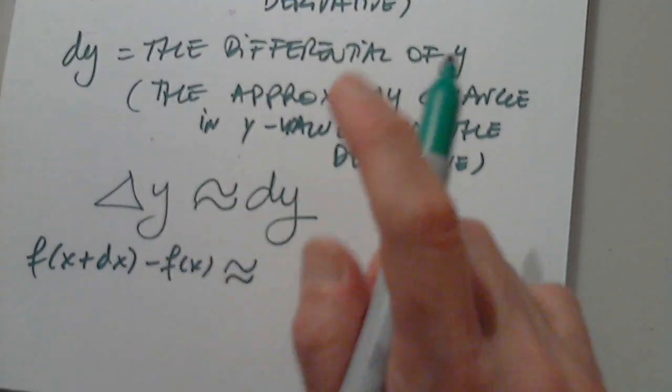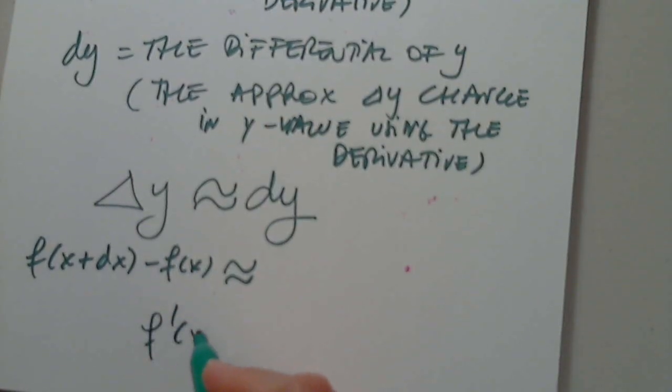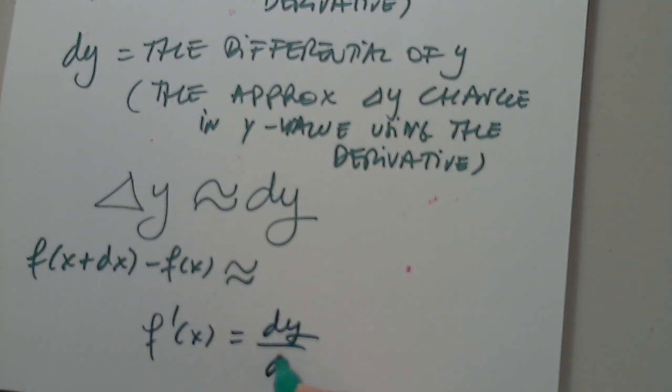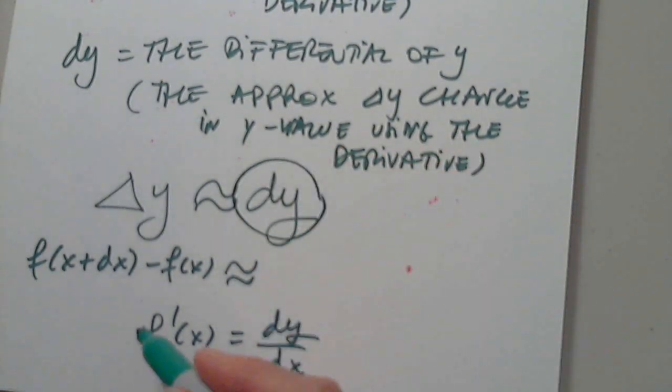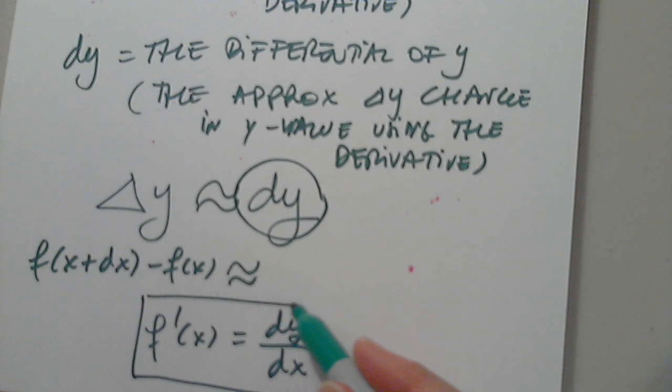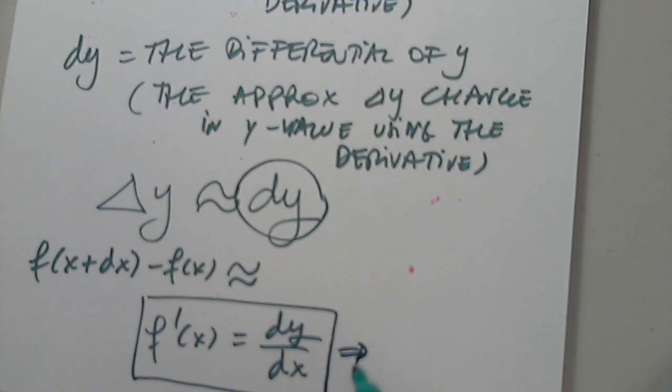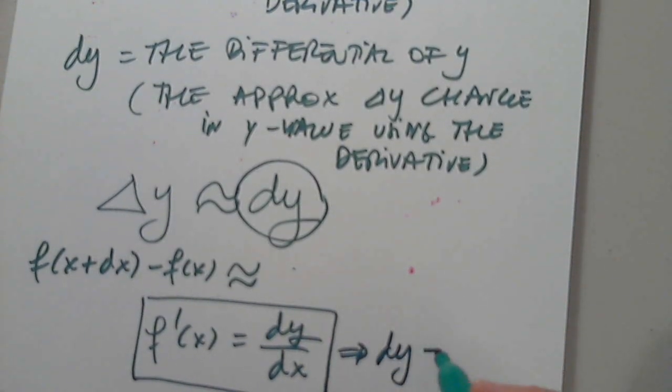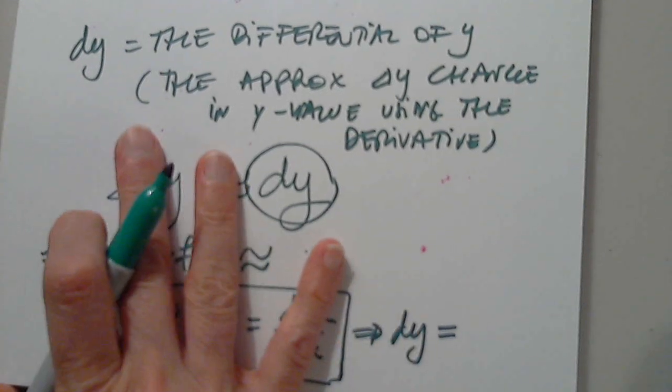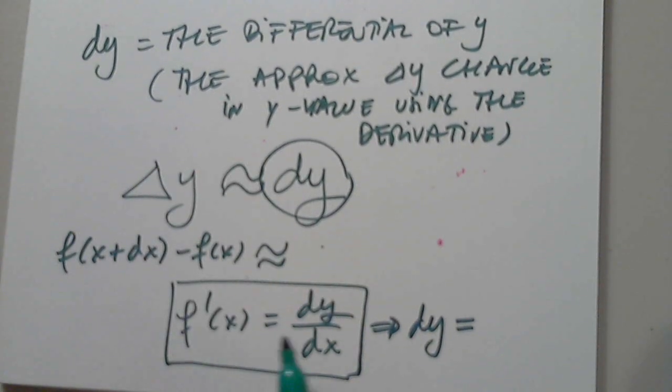Okay, so I'll copy that here. f prime of x equals dy over dx. Can anyone solve this equation for dy? And I'll put it here. dy equals. What should I do to both sides to get dy?